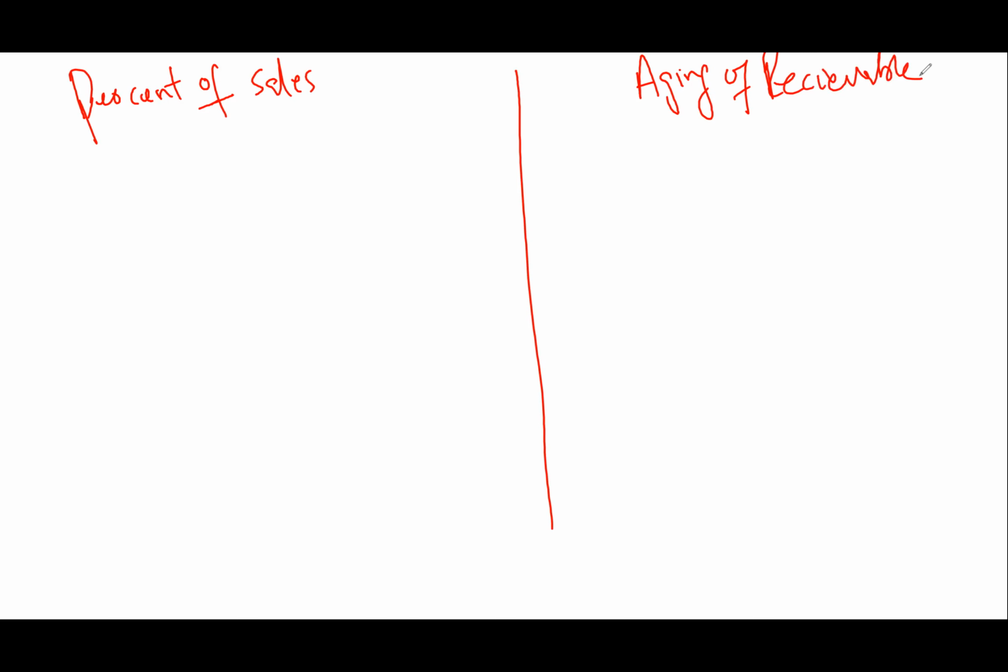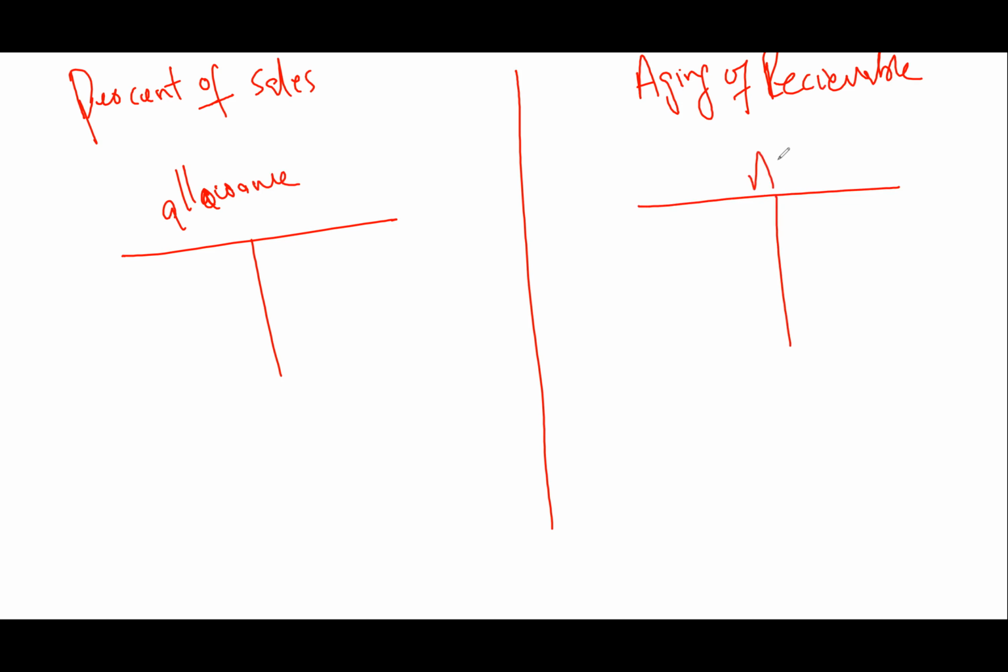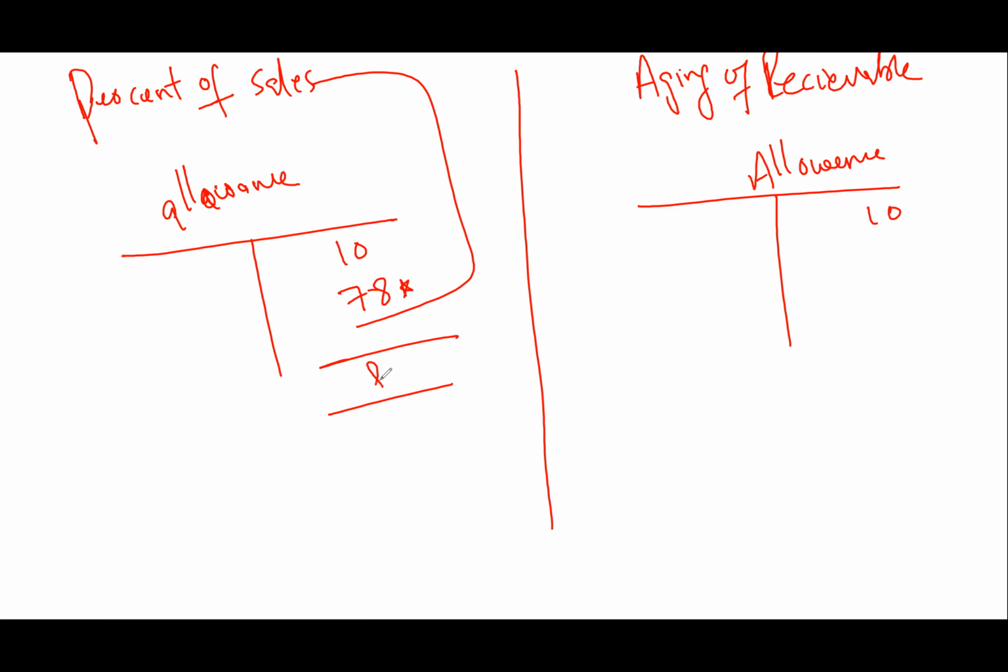Okay, the percentage of sale, if this is the allowance, and if you have a previous balance of 10, the percentage of sales method will give you this figure, and your total is 88.